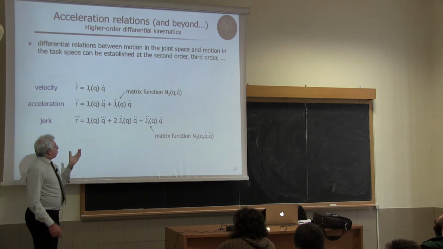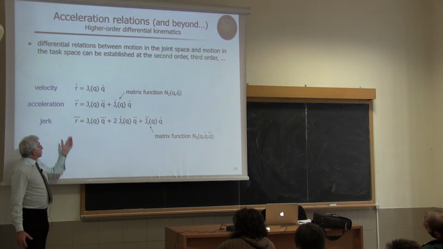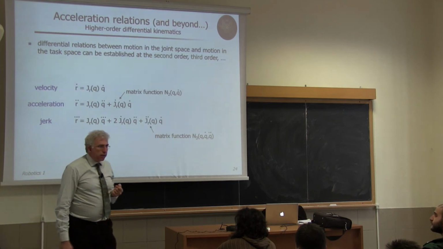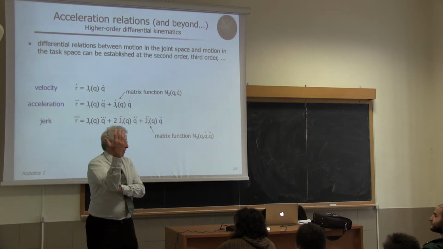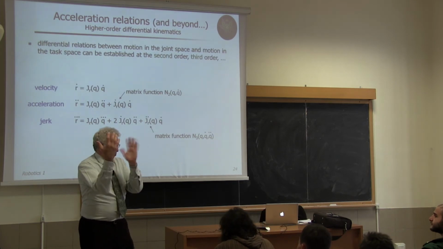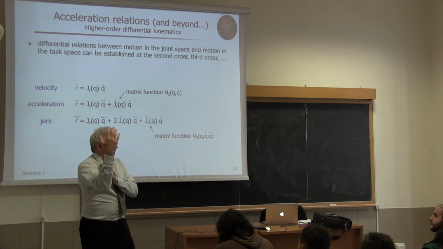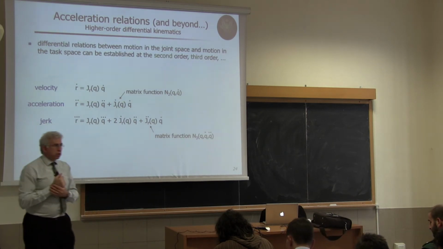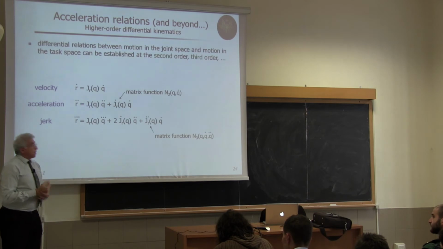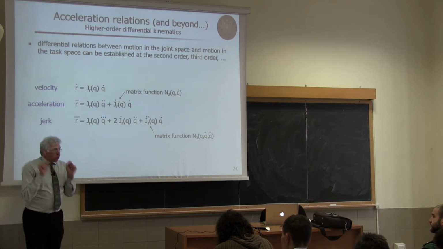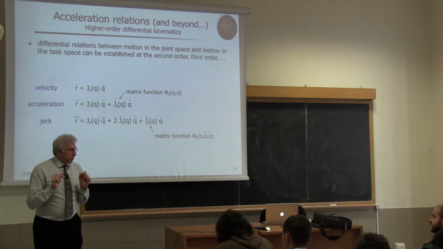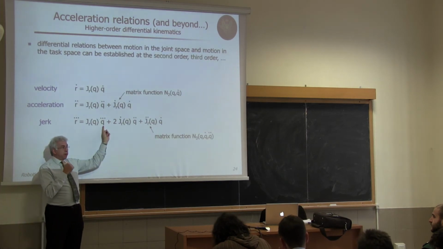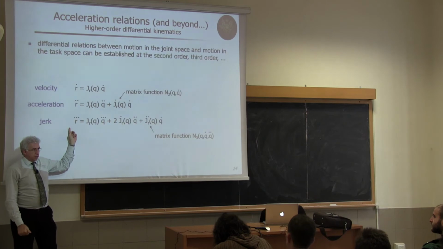Now, what is the information that I need in order to compute the jerk of the end effector of a robot? I need to know what is its configuration at one instant. At the same instant, I need to know what is its instantaneous velocity in the joint space. Not only, I need also to know what is its acceleration in the joint space. Then I command the jerk in the joint space, and only then I can compute this.